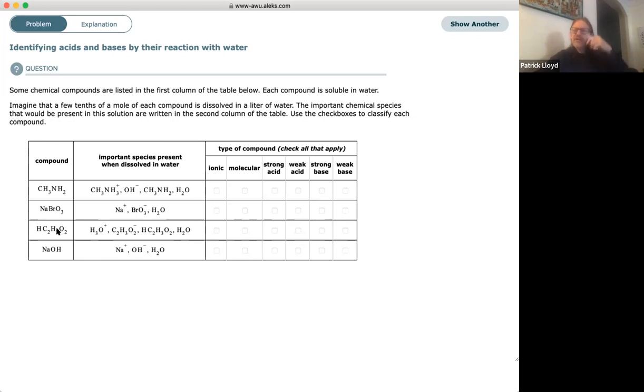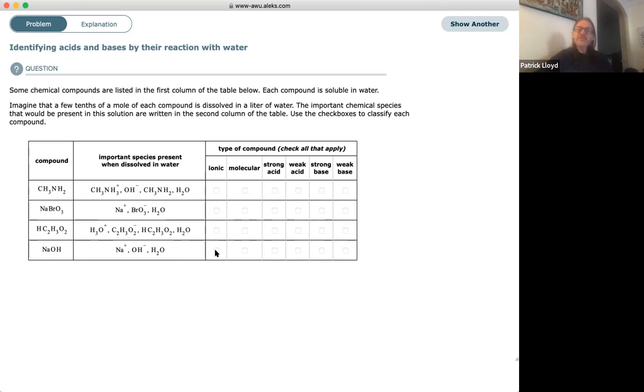But is it strong or weak? Well, you can't tell from this part right here, but organic acids are always weak. So that's a weak acid. Okay, molecular and weak. This one is going to be sodium hydroxide. So that's one of your bases. It tells you it has OH minus, so you know it's a base.